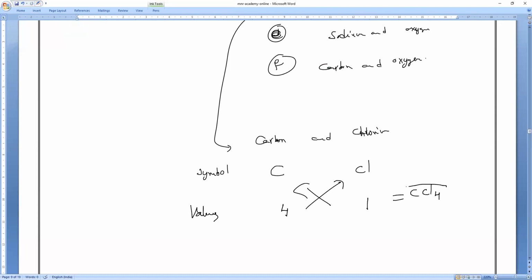CCl4. What is the name? Carbon tetrachloride. Tetra means 4. Note it. Like this, I want answers for all the remaining ones. You have 10 minutes to solve it and send it in.